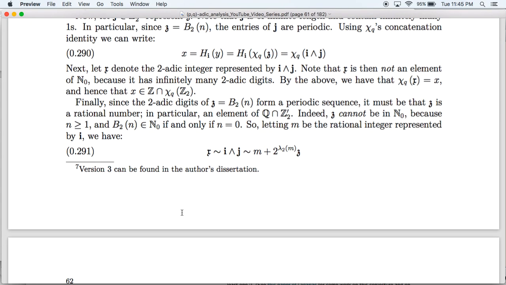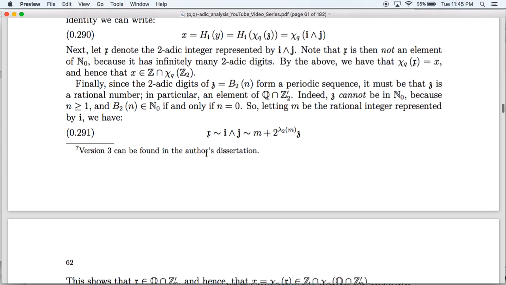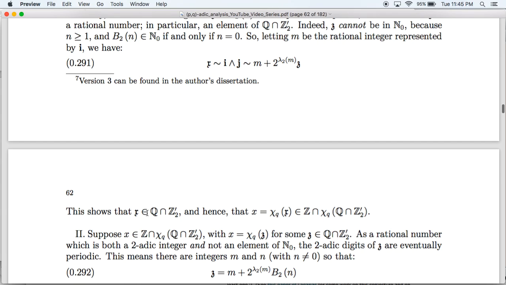And so, indeed, letting M be the rational integer represented by I, we have that cool X is represented by I wedge J, which represents M plus 2 to the lambda 2 of M times Z. This shows that cool X is in Q intersect Z2 prime, and hence that less cool X is equal to chi-q of cool X, which is an element of Z intersect chi-q of Q intersect Z2 prime.